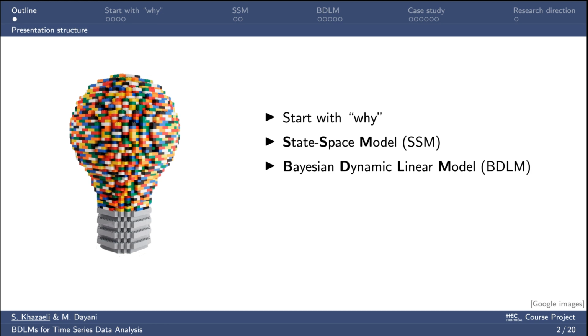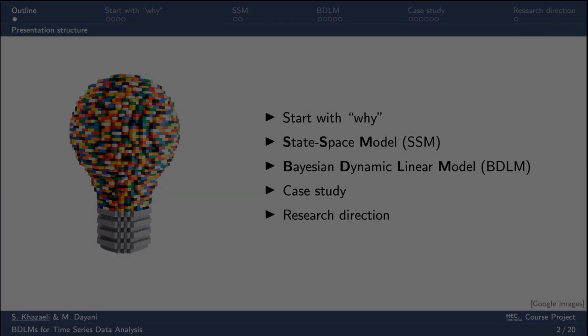After, we go through the BDLM, and of course, we need to show examples to understand the BDLM applications. In the next section, I will show 2 case studies that use different time series data. Also, I compare the BDLM results with the ones from the Facebook Prophet, which is a package for time series analysis. Finally, I will discuss the BDLM current research directions.